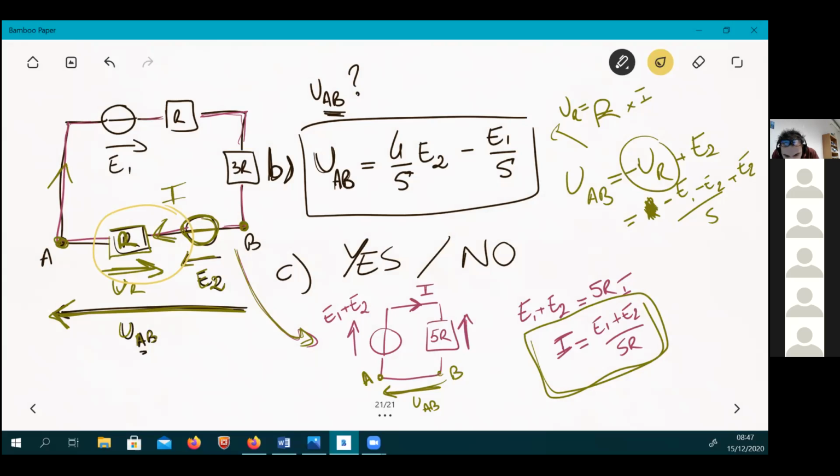Okay, thank you. And also, I thought I understood, but I always get the signs wrong. When you apply the receptor convention or when you apply the mesh law? Both.